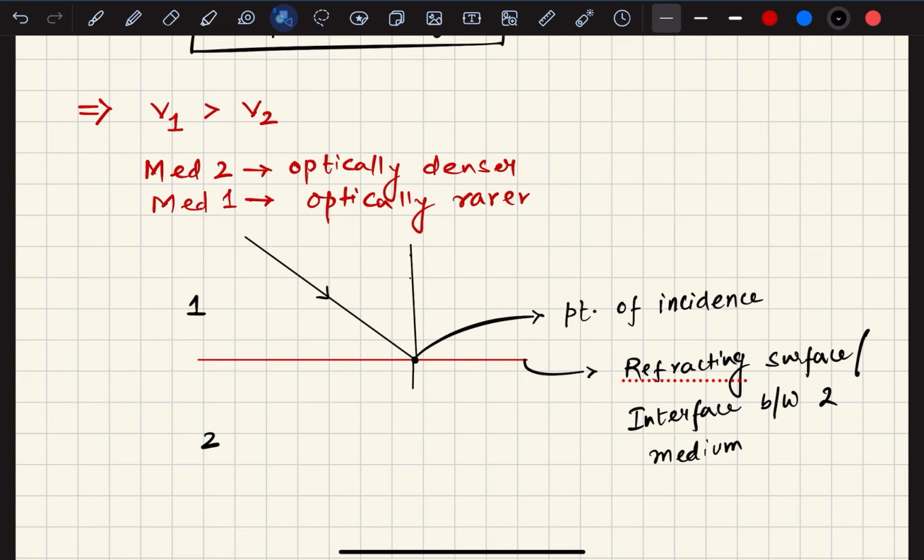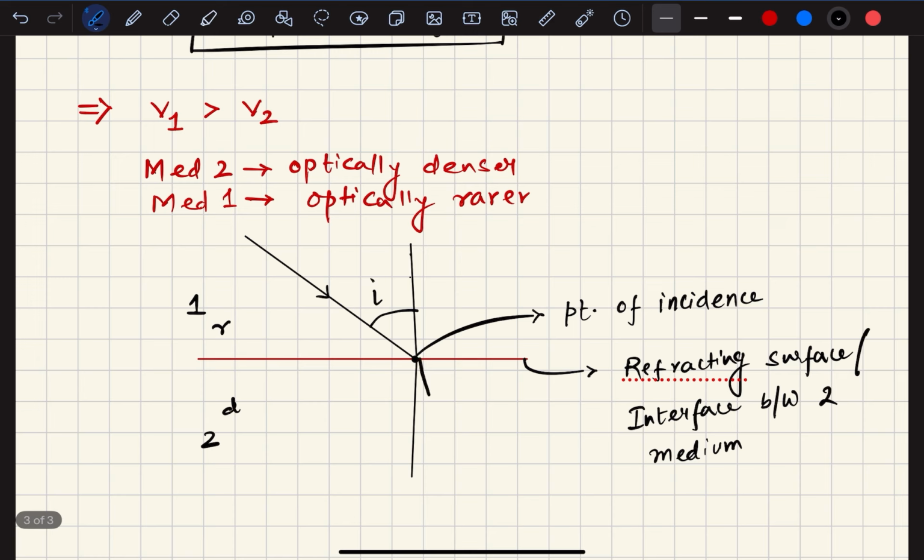Okay, and I am going to extend this like this. So after this is basically angle of incidence. Whenever the light is going from optically rarer medium, this is rarer medium, this is denser medium, whenever the light is going from rarer medium to denser medium, it bends towards the normal.